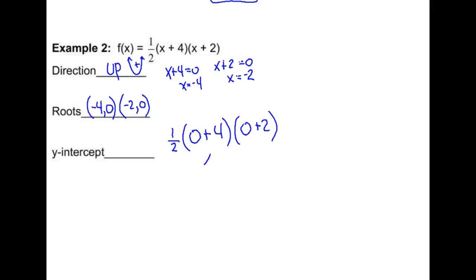All right, now we have 4 times 2 times 1/2. Half of 8 is equal to 4, so our y-intercept is simply 0, 4. I think you guys are going to find that this form of the equation is much easier to work with.